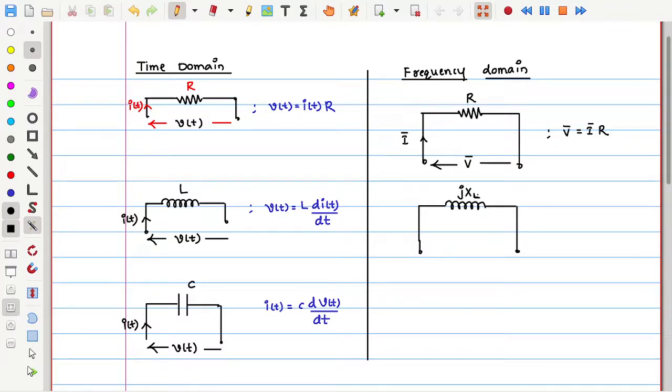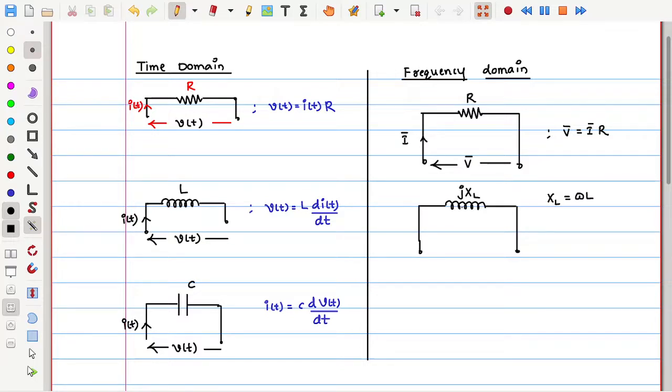Now, instead of representing the inductor as simply L, I am representing its equivalent value in the form of impedance, which is equal to jXL, where XL is the inductive reactance, which is equal to omega L, which is a function of frequency. See this? The impedance is a function of frequency. That's why it is the frequency domain equivalent.